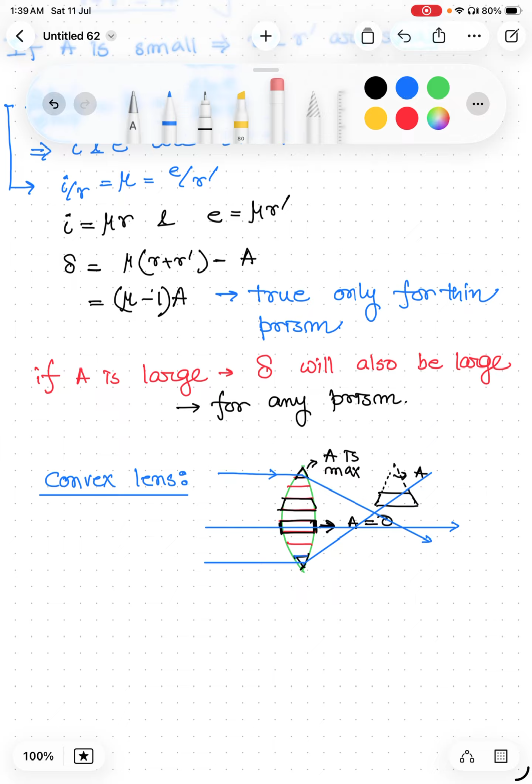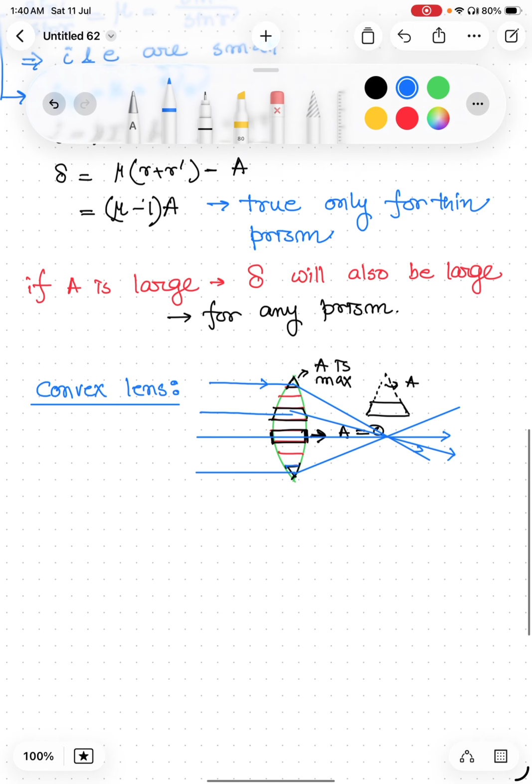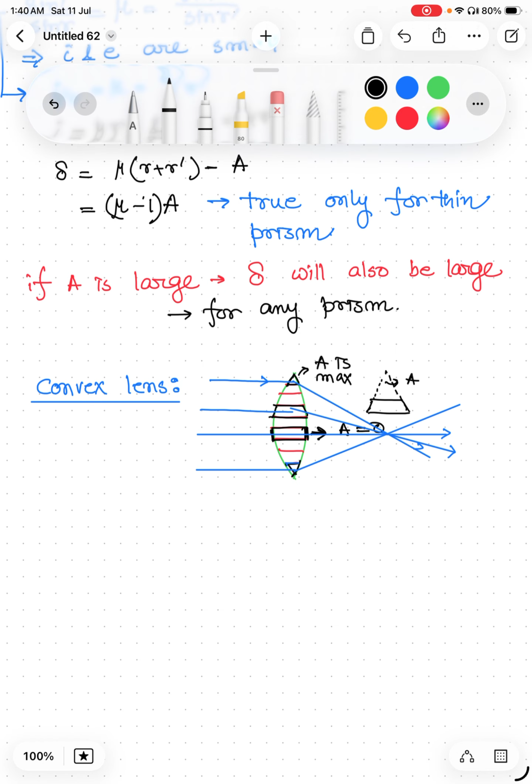Let me draw this in a better way. It is going to go like this, it is going to go like that. And something which comes from in between is going to deviate less than the one at the edge, but more than the one passing through the middle. So we can see that the light rays are converging because of the convex lens.